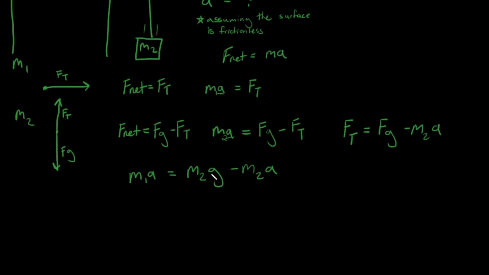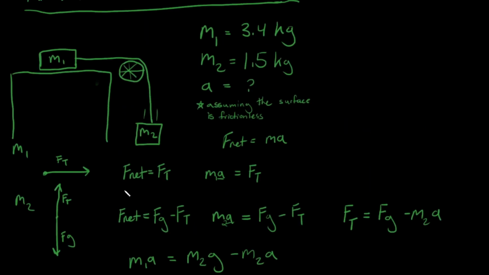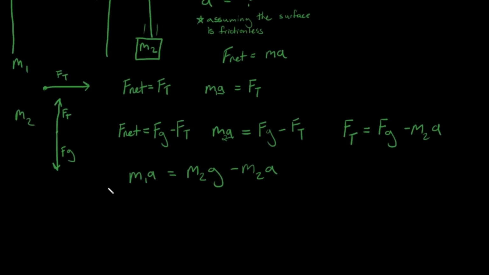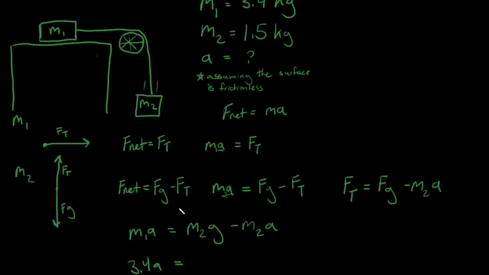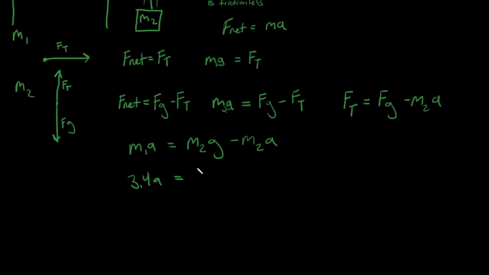And we can see here that we have an a and a, so let's substitute our variables really quickly just to see what it looks like. So we know that mass 1 is 3.4 kilograms, so we can say that 3.4a is equal to mass 2, which is 1.5g minus 1.5a.